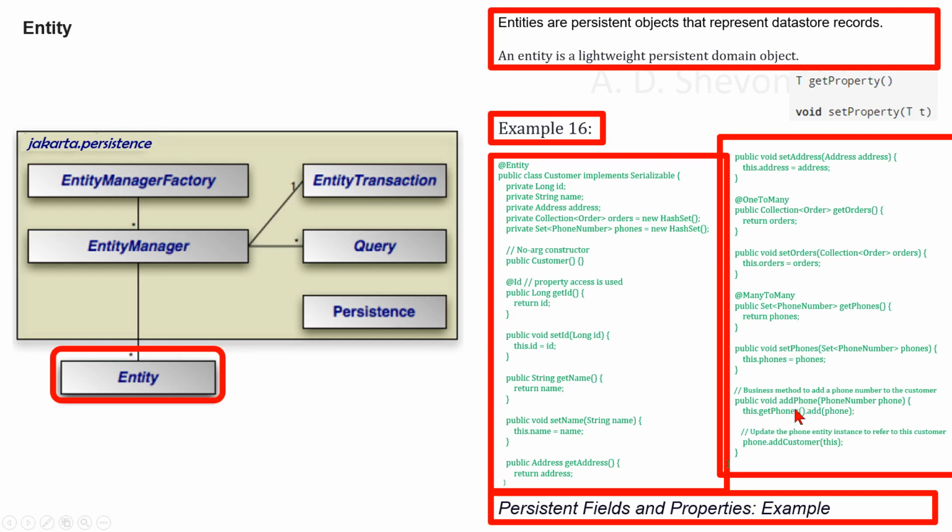Business methods to add a phone number to the customer. Update the phone entity instance to refer to this customer.